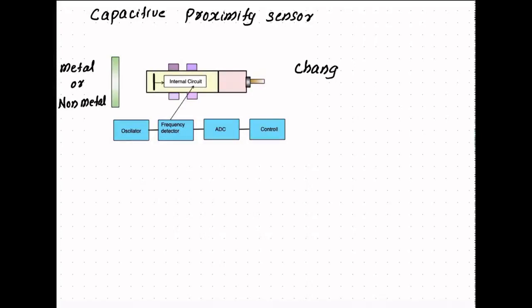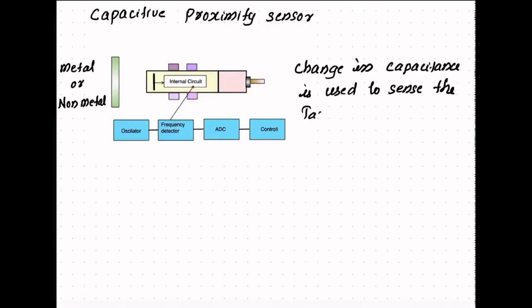Usually these capacitive proximity sensors are used to measure the level of liquid in bottles in automated bottle filling industries. So in the capacitive proximity sensor, an active capacitor plate is there, which is connected to an oscillator circuit. The target acts as the second plate for the capacitor.